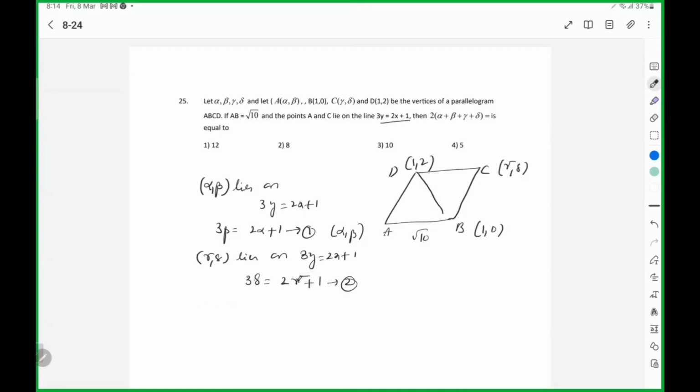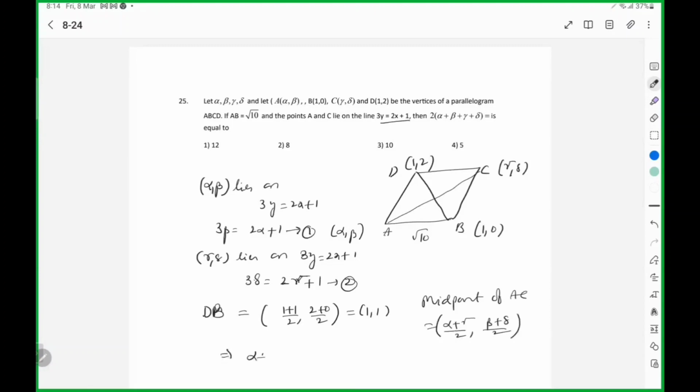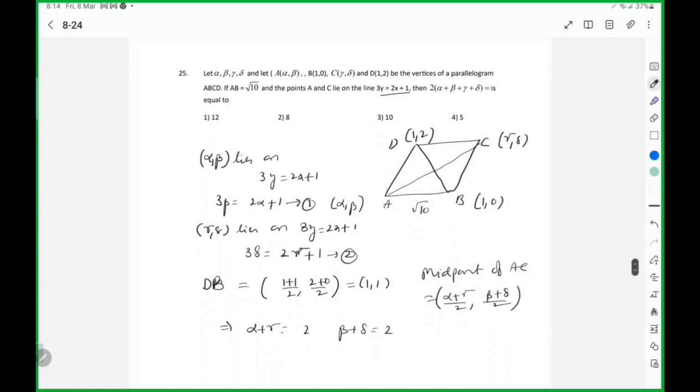And here the midpoint of DB is 1 plus 1 by 2, which is 1 comma 1. Midpoint of AC is alpha plus gamma by 2, beta plus delta by 2. So here alpha plus gamma is 2, beta plus delta by 2 is this. So 2 times alpha plus beta plus gamma plus delta. So we get here 8.